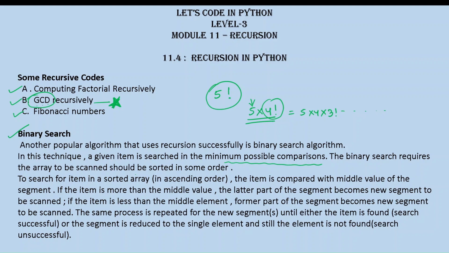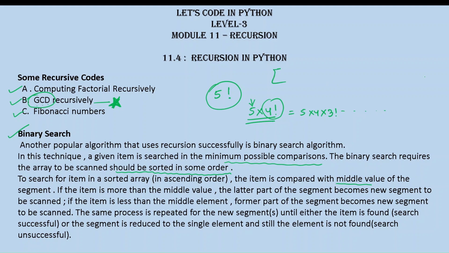This is the limitation of binary search, in fact: the elements in your array should be sorted. To search for an item in a sorted array, the item is compared with the middle value of the segment. If the item is more than the middle value, then the latter part of the segment becomes the new segment to be scanned.